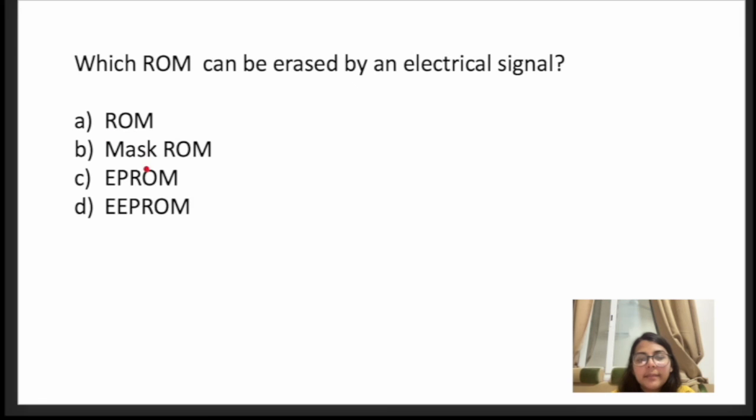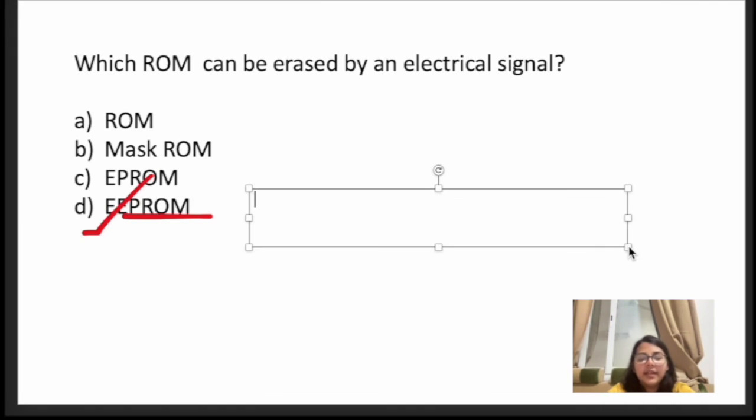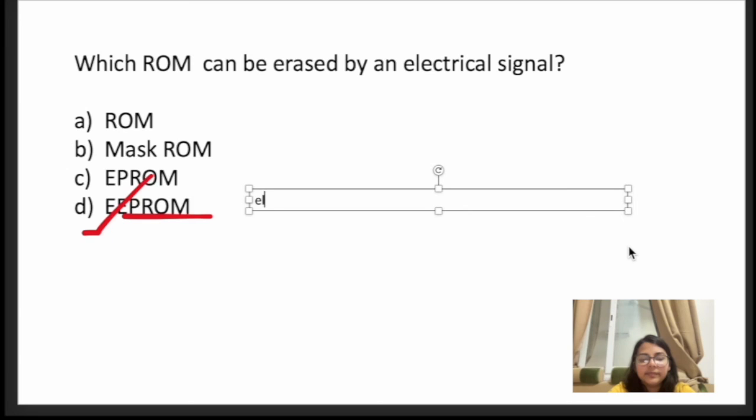Yes, you have to tell me. That is EEPROM. So EEPROM stands for what, students? Yes, I will write here: electronically erasable programmed memory.